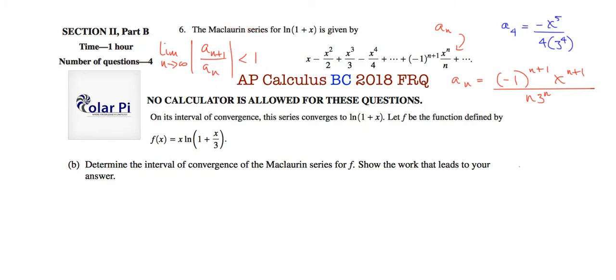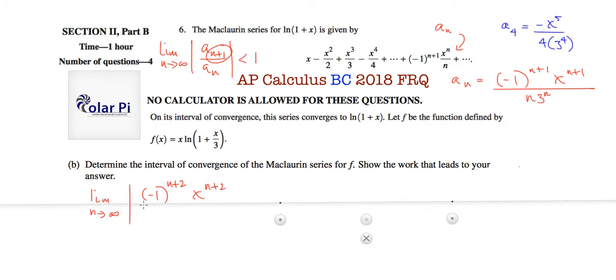So doing exactly this for this a sub n, we write the limit as n goes to infinity of the absolute value of -1 to the n plus 2, because we're looking at n plus 1 there, so we replace n with n plus 1, so we have n plus 1 plus 1, and then x to the n plus 2 for similar reasoning, divided by n plus 1 in place of this n, and then 3 to the n plus 1.